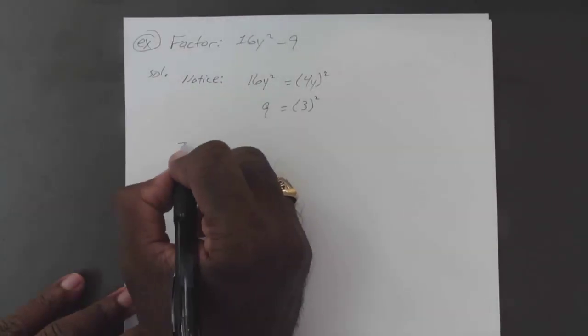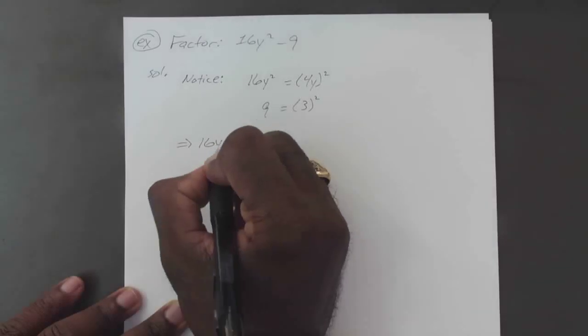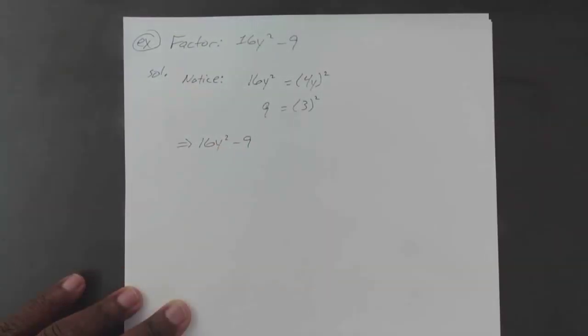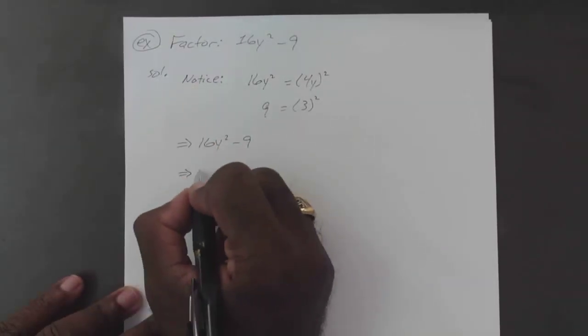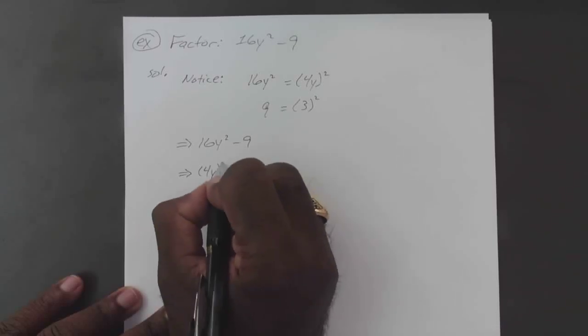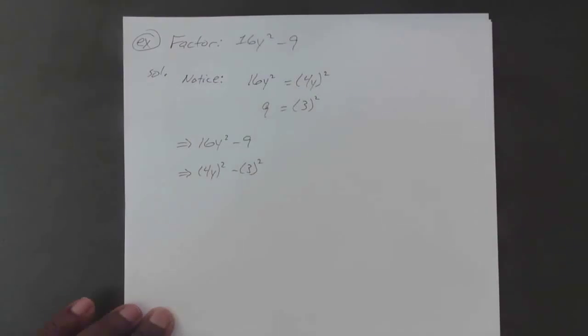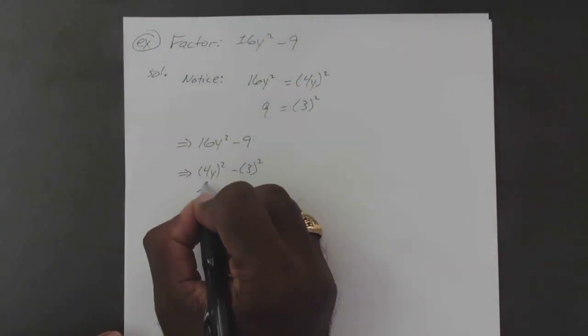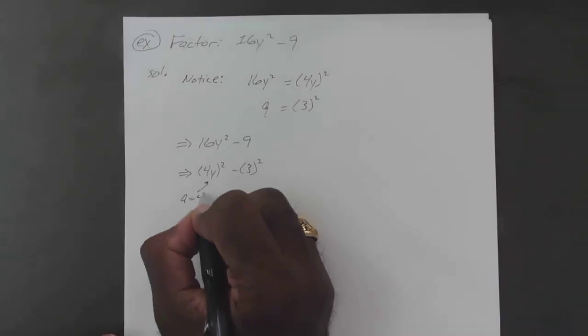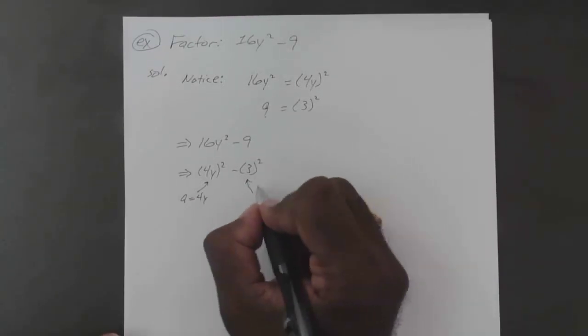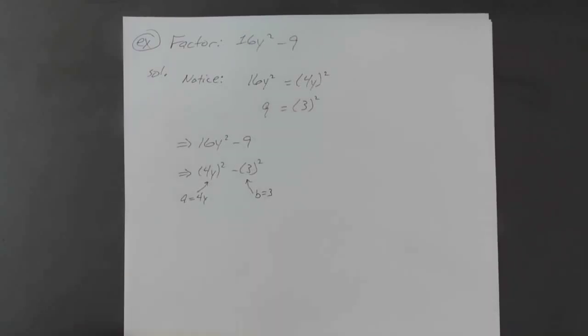So that means our 16y squared minus 9 will just become 4y squared minus 3 squared, where your a is equal to 4y and your b is equal to 3.